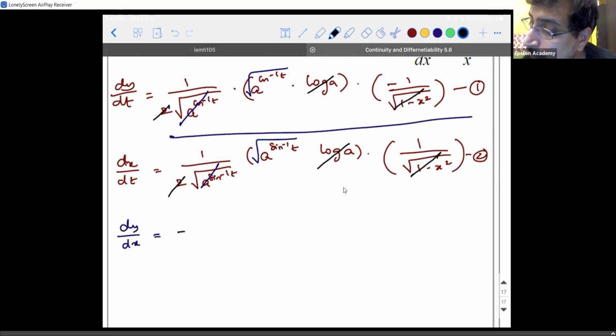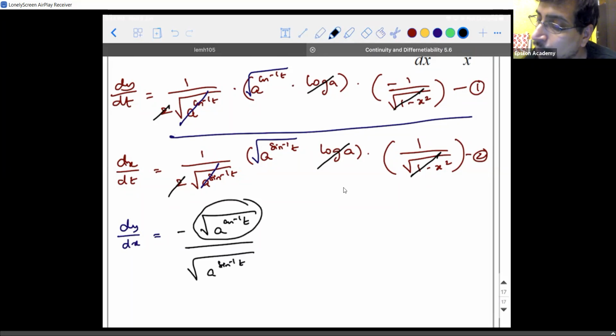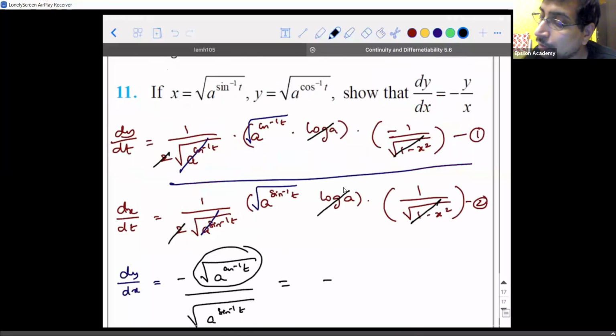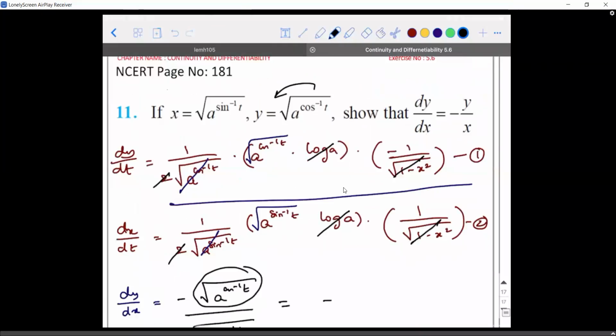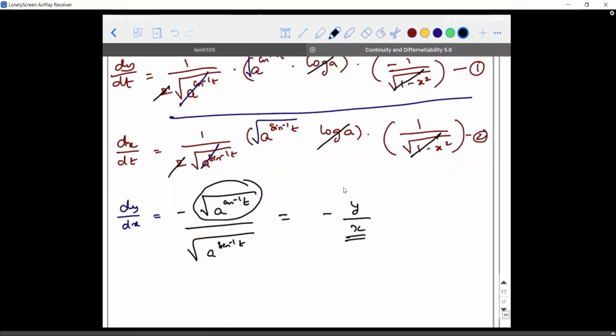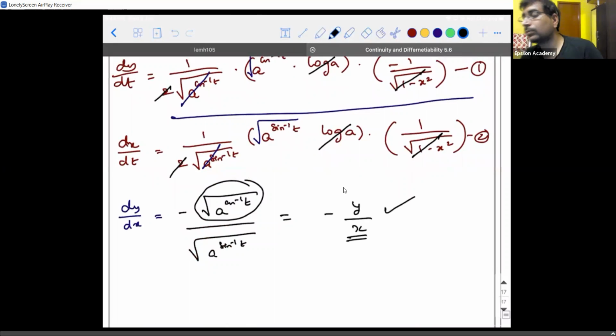So you are left with minus square root of a power of cos inverse of t and root of a power of sine inverse of t. What is this thing? It is minus y divided by x. Hence proved. That's it.